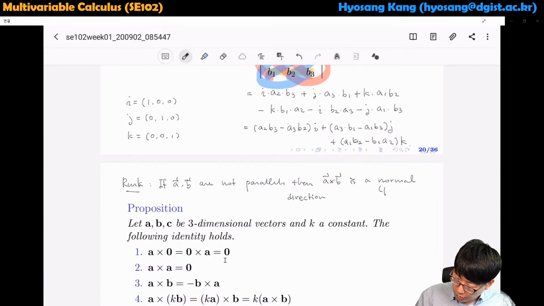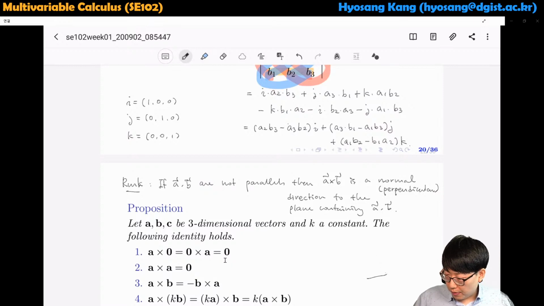Normal means the perpendicular direction to the plane containing these two vectors A and B.